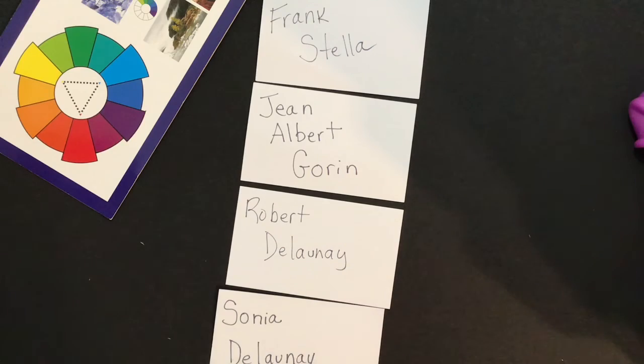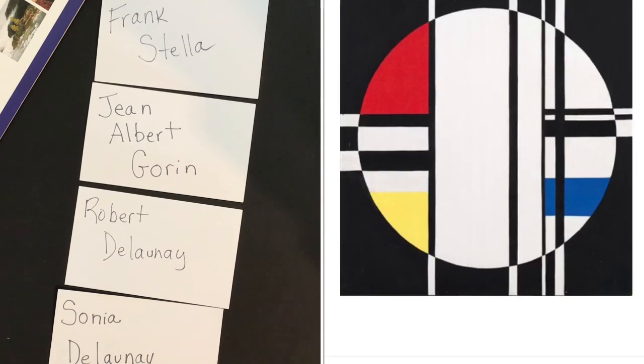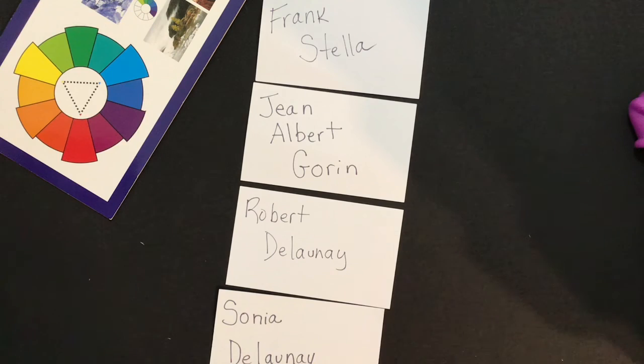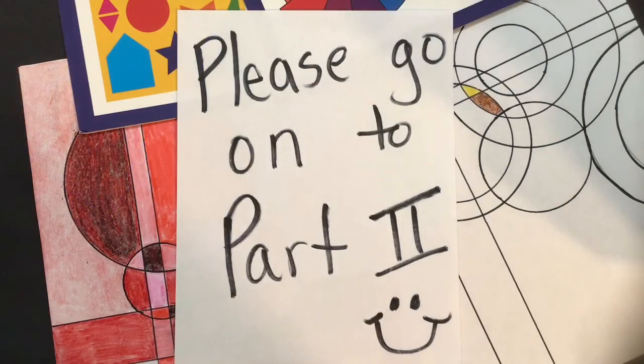But viewing all of their artwork, you can tell that they're very much concentrated on using geometric shapes and organizing them into pleasing compositions. Remember, composition means how things are arranged in a work of art. And these artists were very good at it. Please go on to part 2.